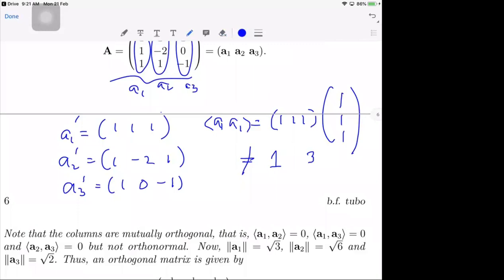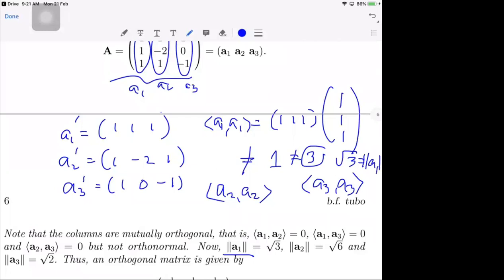You can do that for all the inner products of each vector with itself, and it's not equal to 1. So to normalize it, you get the length of A1. The inner product is 3, and the length is the square root of that, which is the square root of 3. This is the norm of A1. For A2, similarly, you can get this.